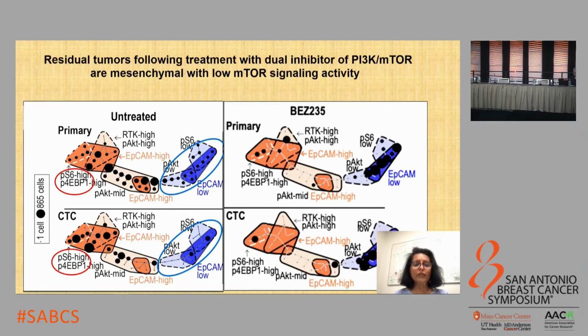Consistent with this, treatment of these tumor cells with BEZ235, a dual inhibitor of the PI3 kinase and mTOR pathway, basically resulted in eliminating all the epithelial cells which had high mTOR activity, with a simultaneous accumulation of mesenchymal EpCAM low cells with reduced mTOR activity.